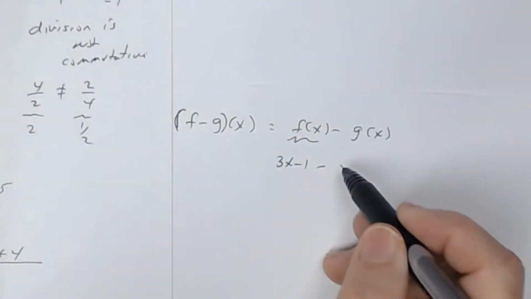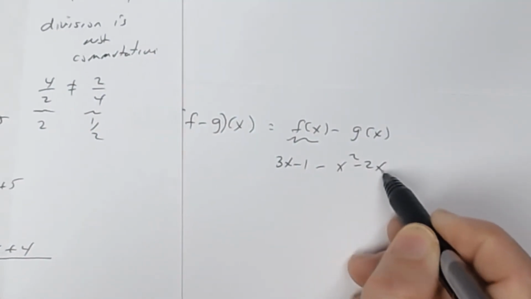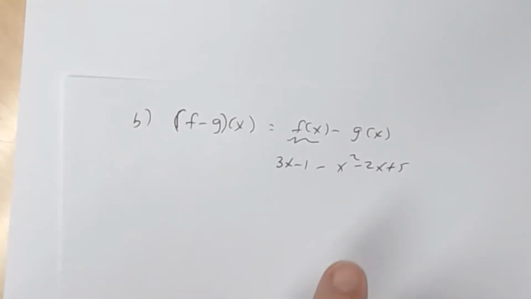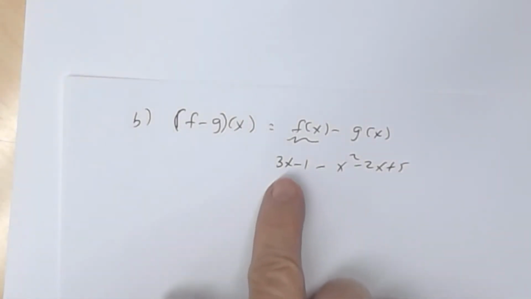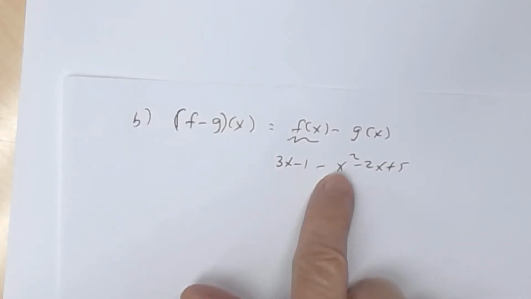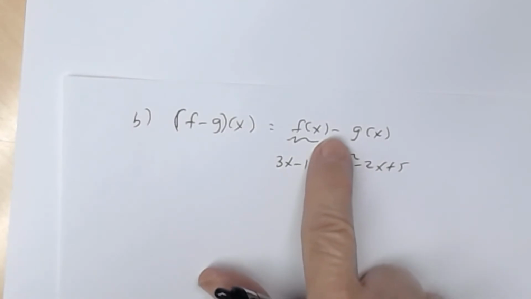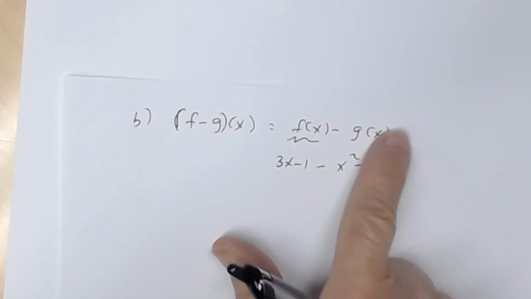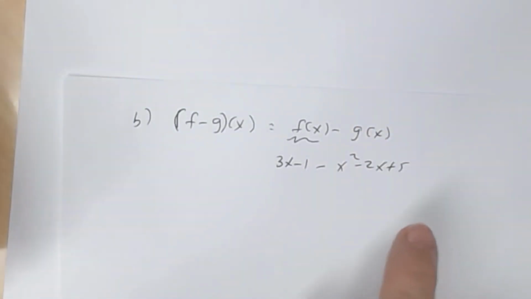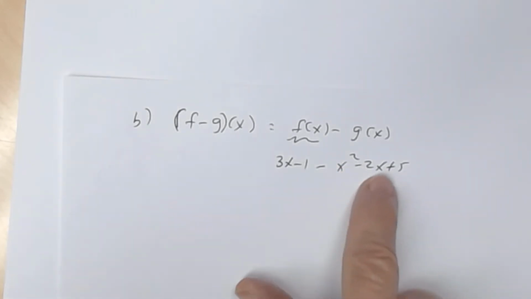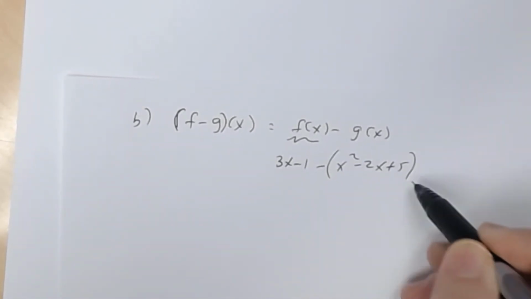So I'm going to put that here. Now, listen to my words. The way I've written this is not correct, because this says 3x minus 1 minus x squared minus 2x plus 5. But remember, I'm subtracting g of x, so I'm subtracting all of these terms. So you've got to put that in parentheses.